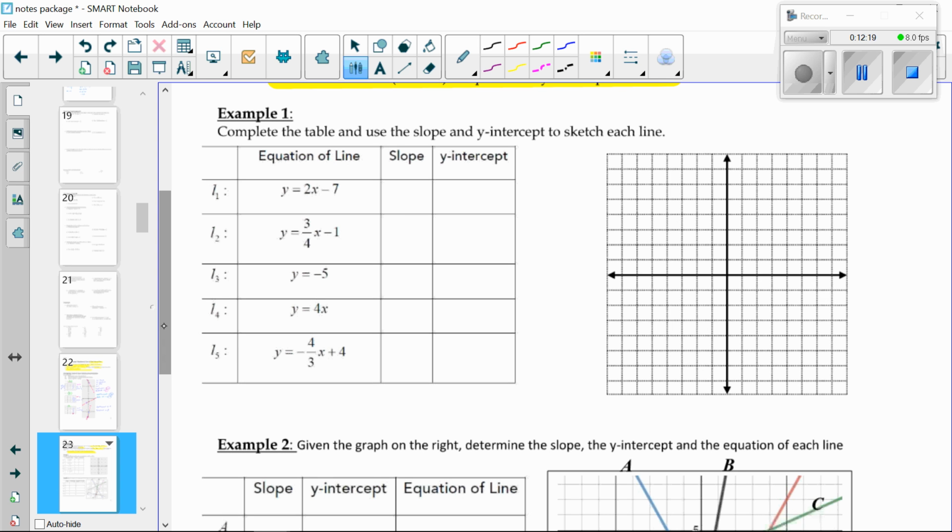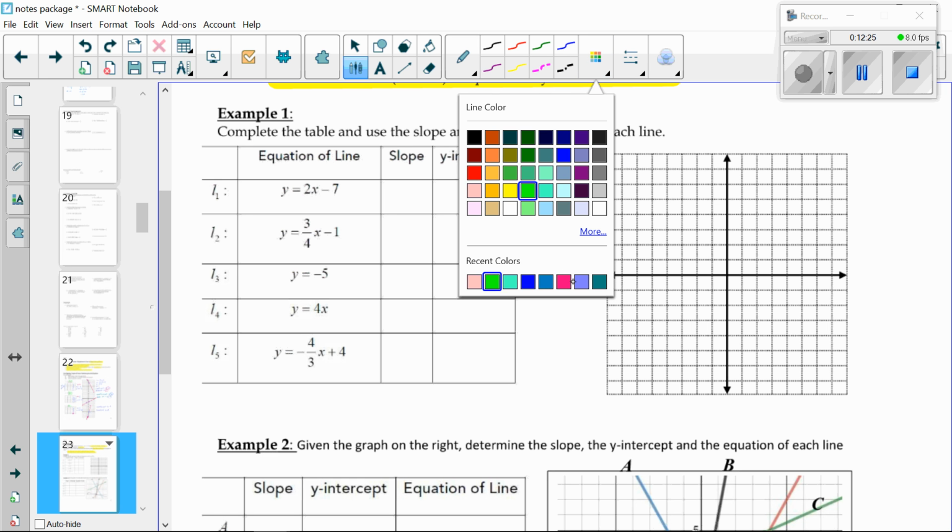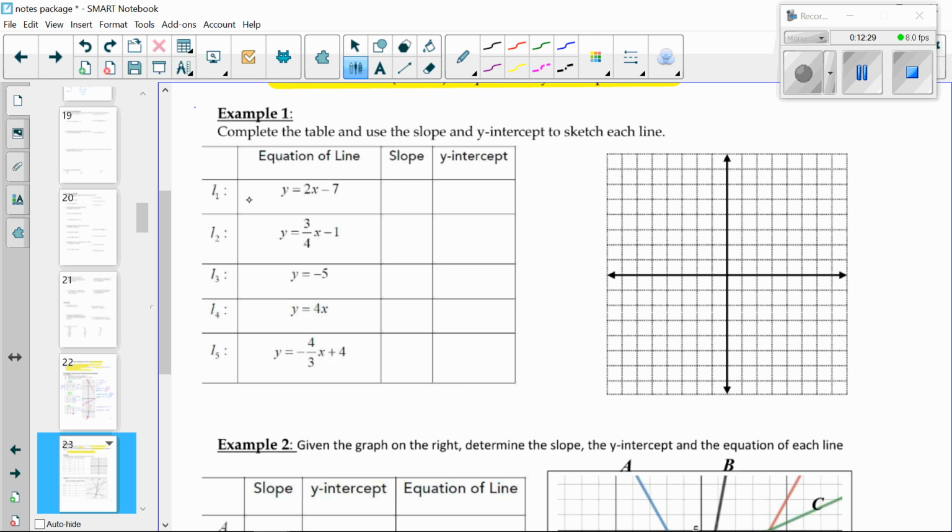Complete the table and use the slope and y-intercept to sketch each line. All right. So my first line, L1, the equation of the line is y equals 2x minus 7. My slope is 2 because it's the coefficient on x, and my y-intercept is the constant, so therefore it's -7.